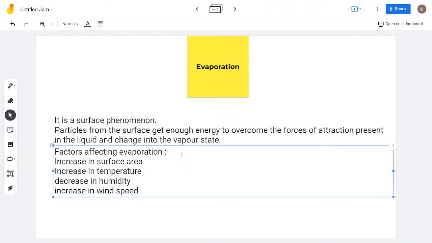How do these factors affect the evaporation?